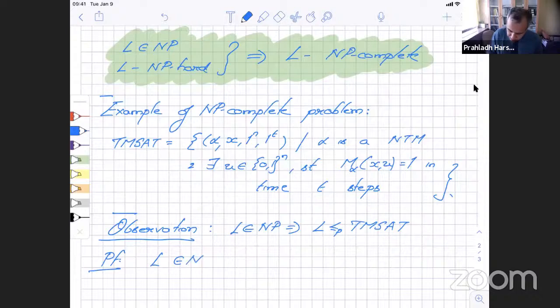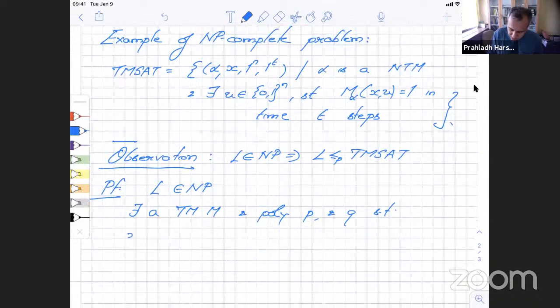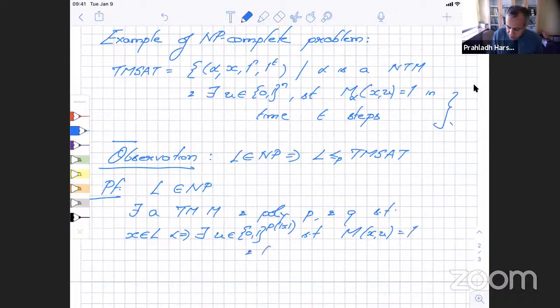In particular, that means there exists a deterministic Turing machine M and polynomials p and q such that x belongs to L if and only if there exists a u, recalling the witness definition of NP, such that M(x, u) equals 1 and M runs in time q of the length of x.